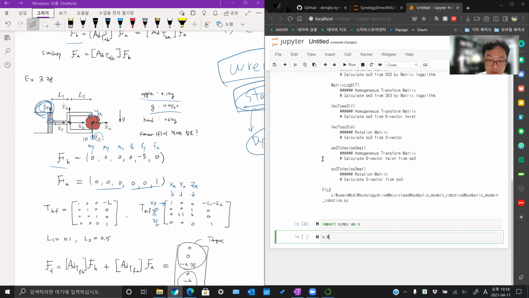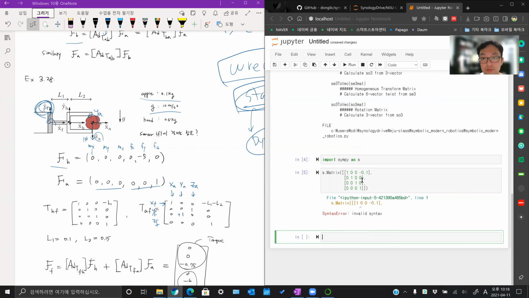using S matrix, let's make T: (1, 0, 0, minus 0.1), (0, 1, 0, 0), (0, 0, 1, 0), (0, 0, 0, 1). We need a comma.